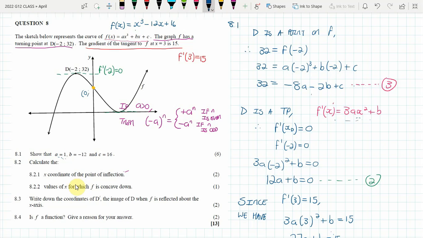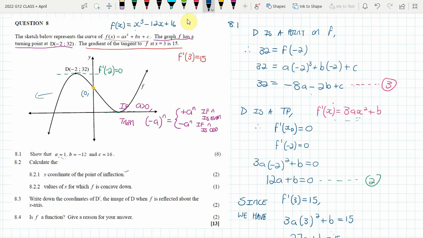So for which values of x is f concave down? Before the inflection point or after the inflection point? Before, so it's all the way from minus infinity up to the point of inflection.